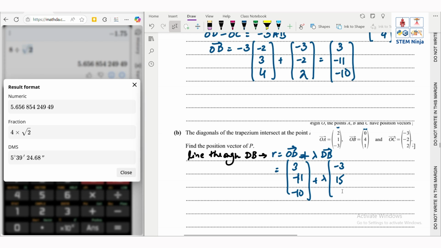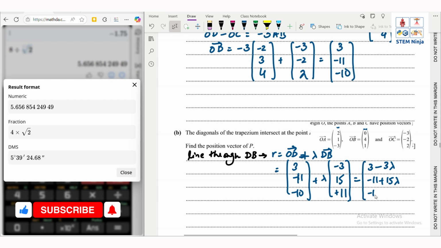And 1 minus 10, that is minus 11, but plus 11. So we get 3 minus 3 lambda, minus 11 plus 15 lambda, and minus 10 plus 11 lambda.